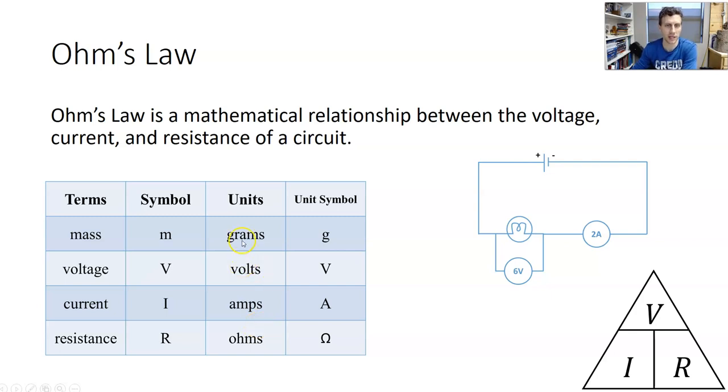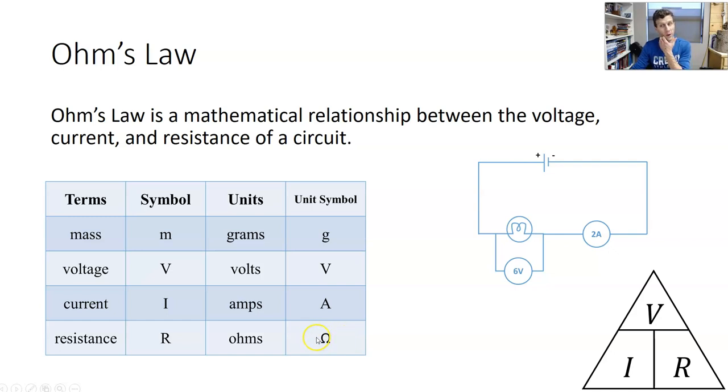And just like grams, we have a shorthand symbol for that, little g. Volts can be shortened with the symbol capital V. And amps can be shortened to capital A. And ohms, we use this Greek letter omega. So this means ohms.